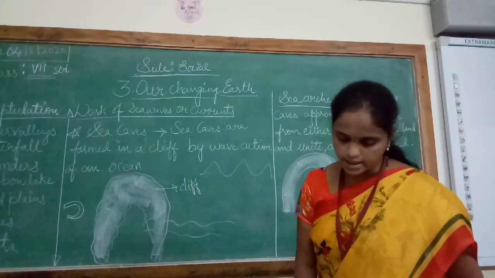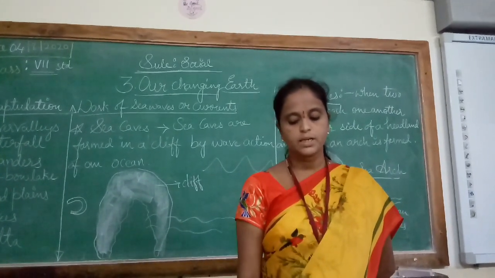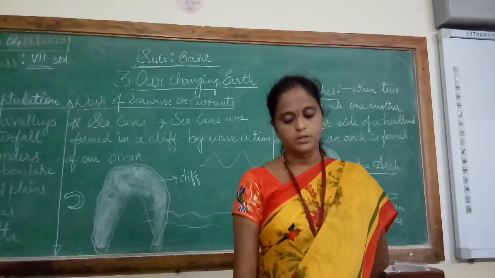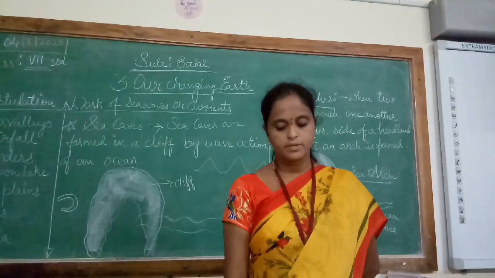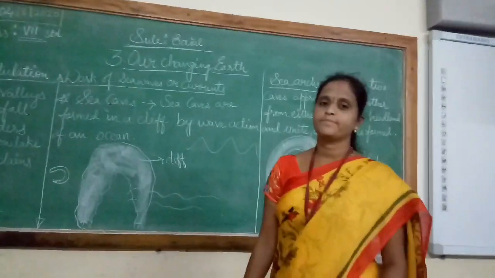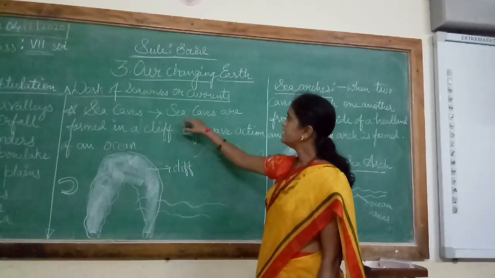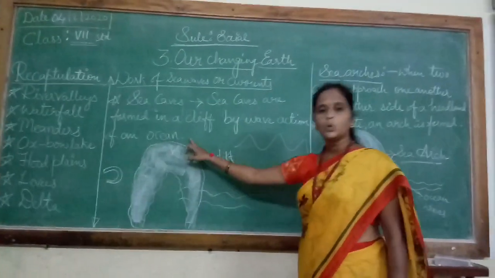I do repeat once again. See here, the steep rocky coast rising almost vertically above the sea water or sea wave. As I said earlier, sea caves are formed in a cliff by wave action of an ocean.